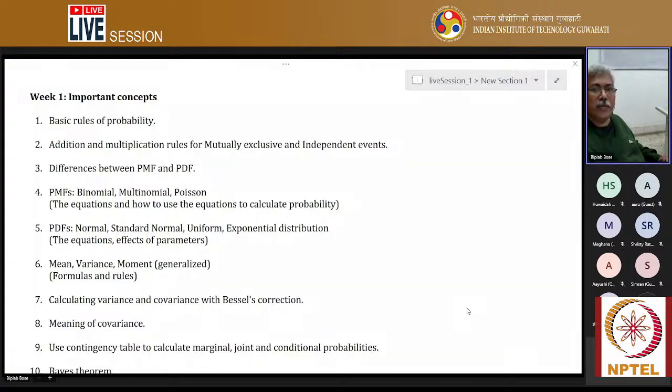If you are finding it hard, you are not alone. Many people may be finding it hard. For some people who have left mathematics long back, it is hard sometimes because the symbols become a bit difficult to understand, right?